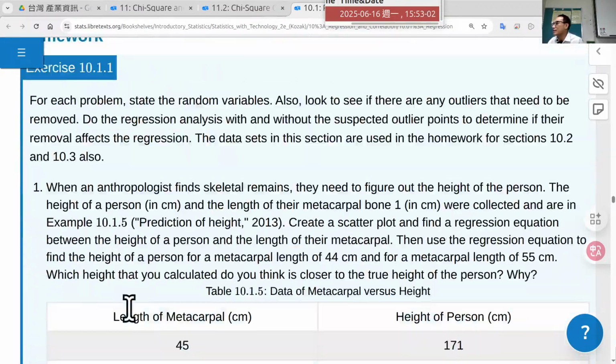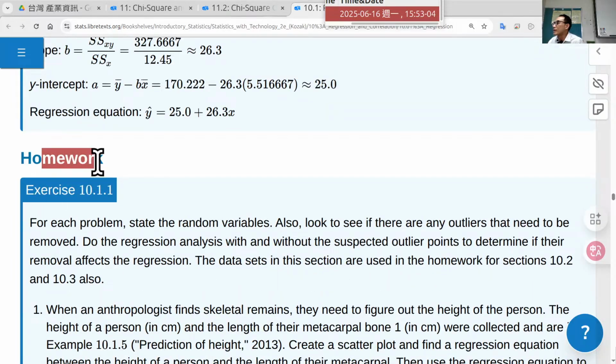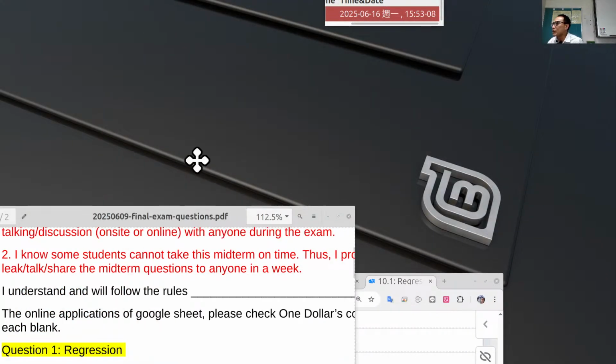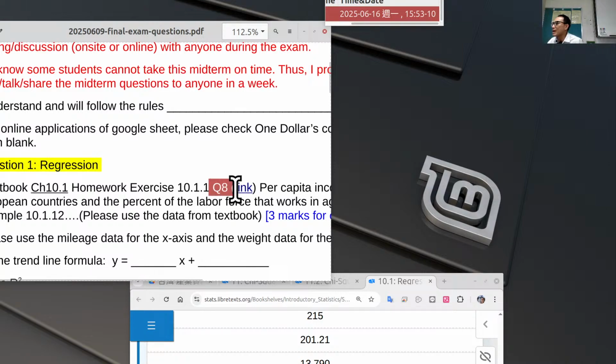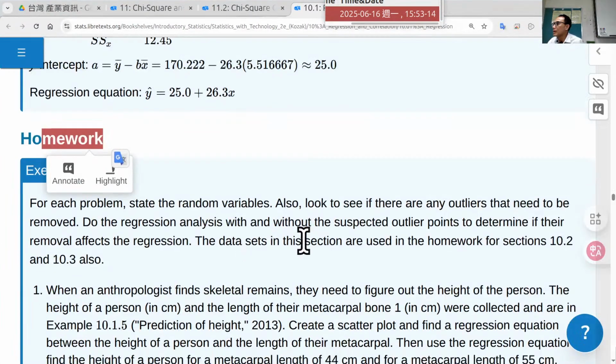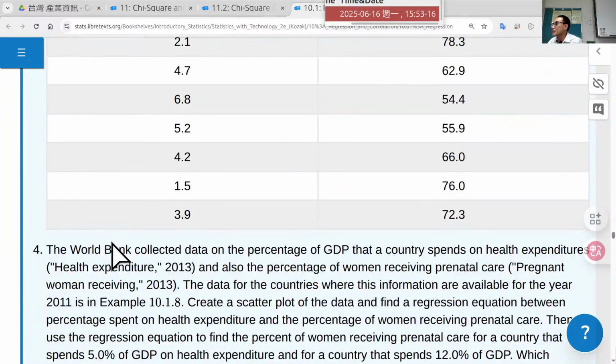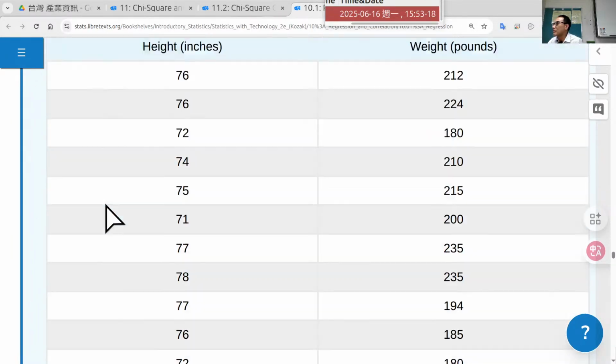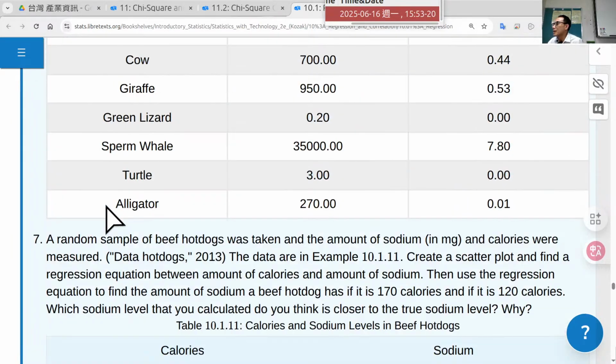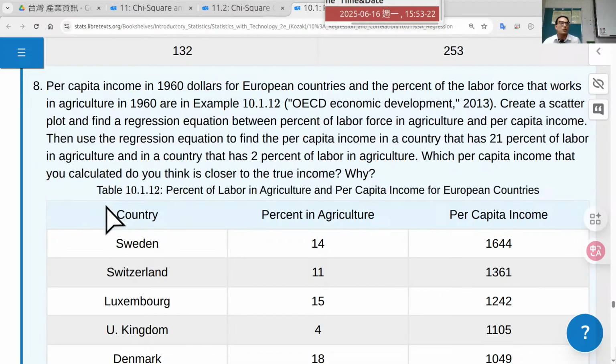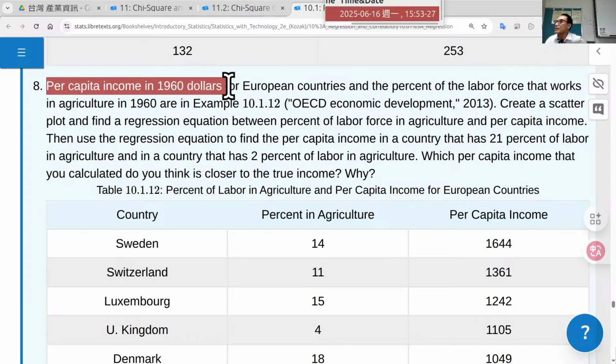Homework exercise 10.1.1, and we are going to check question number 8. Per capita income. See, number 4, 5, 6, 7, and number 8. And check the title: per capita income in 1960 dollars for European, and so on, like this one.